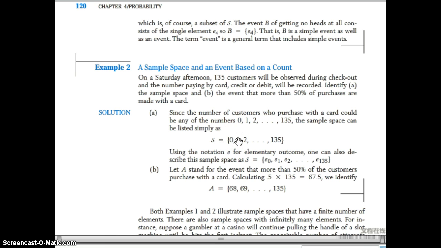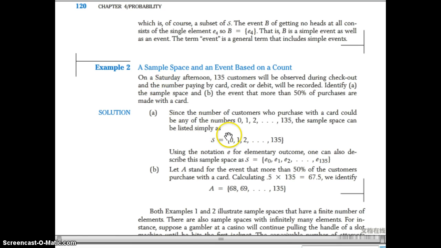And if one person used credit card or debit card, then the answer will be 1, or maybe 2 people or 3 people, because we are only going to survey 135 customers, and the maximum number of customers who use a card will be 135. So this is the list. This is the sample space, which listed all the possible numbers of people that use credit card or debit card.